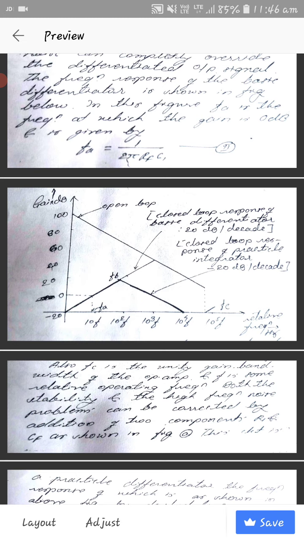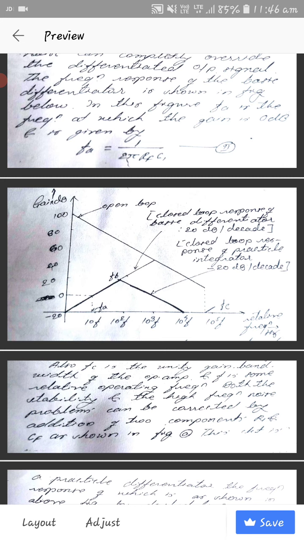The y-axis gives the gain in decibels and the x-axis gives the relative frequency in hertz. Here different types of responses are used: open loop, then closed loop response of the basic differentiator at 20 decibels per decade, and closed loop response of a practical integrator at minus 20 decibels per decade. In the figure, when the frequency increases, the gain increases.